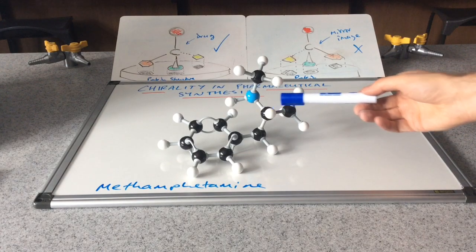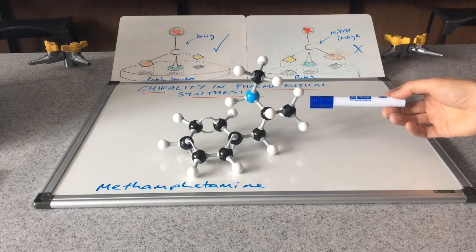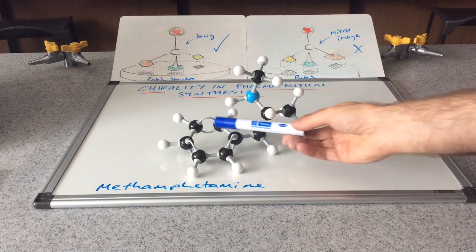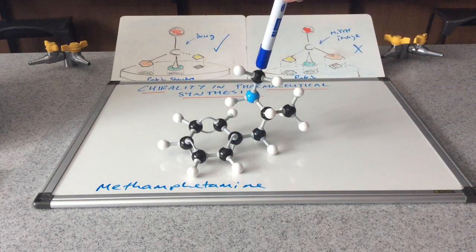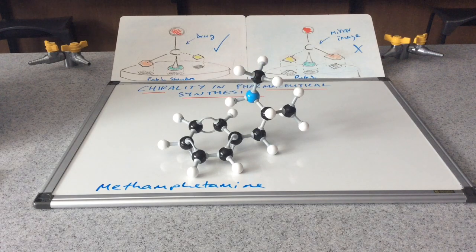You can see we've got 4 different groups attached to this carbon: a hydrogen, a methyl group, this CH2 then the benzene ring, and this NH group with a CH3, a methyl group on the amine group. So chiral center, therefore this molecule can exist as a pair of optical isomers. It's only got one chiral center, so two isomers.